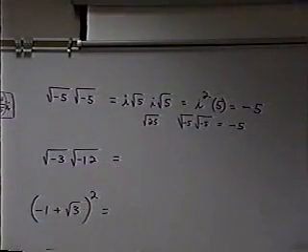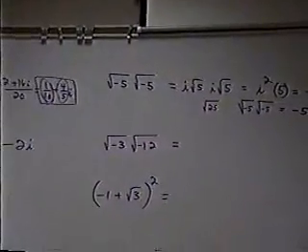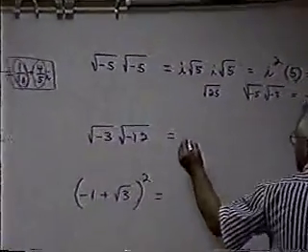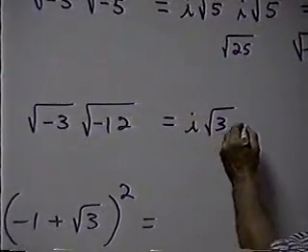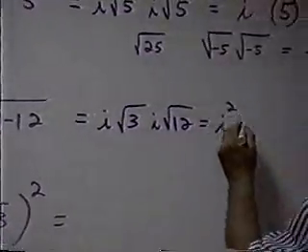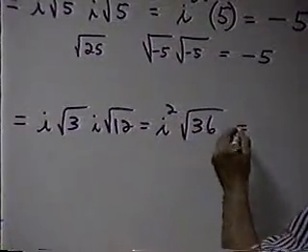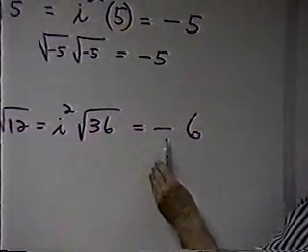All right, let's look at the next example. Square root of minus 3 times square root of minus 12. Okay, so this would be i times the square root of 3, i times the square root of 12. That's i squared times the square root of 36. And so our answer is minus 6. The i squared gives us minus 1.